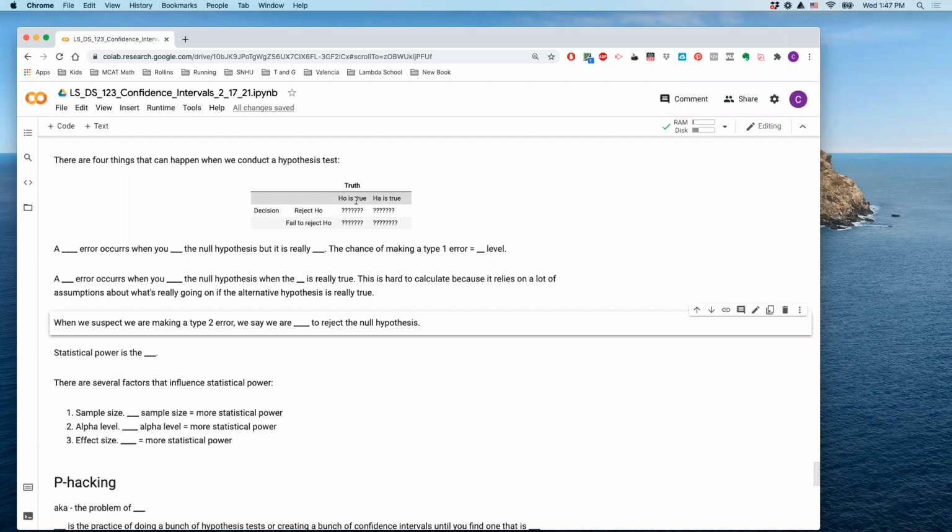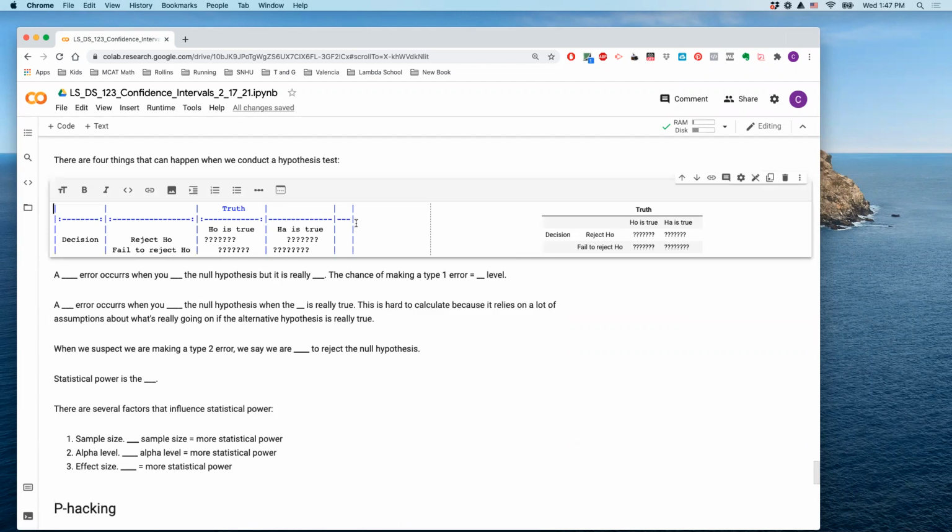If the null hypothesis is really true, if healthy humans really have a mean body temperature of 98.6 degrees, and we fail to reject the null hypothesis, concluding that healthy human body temperature is 98.6 degrees, then we have done the correct thing.